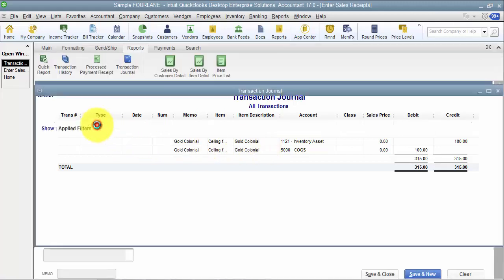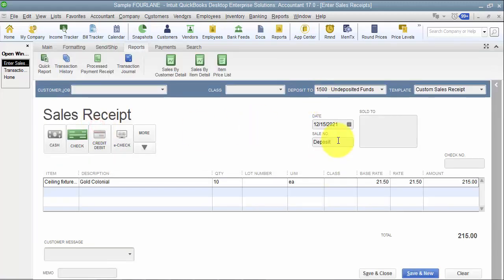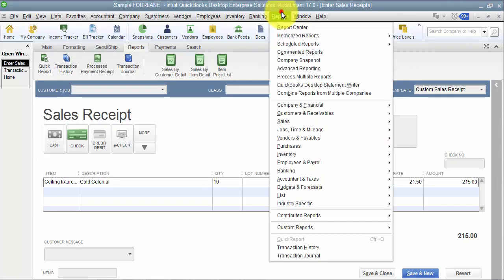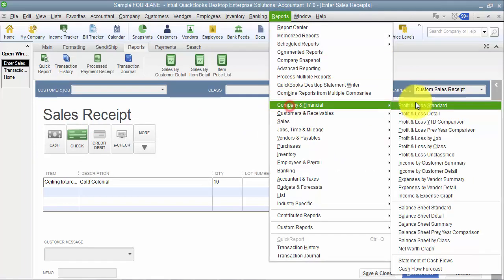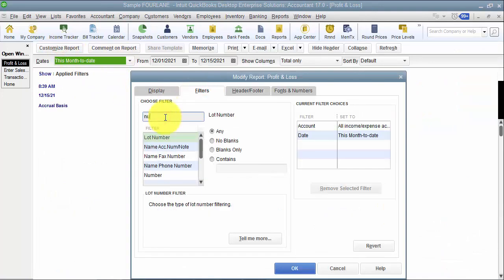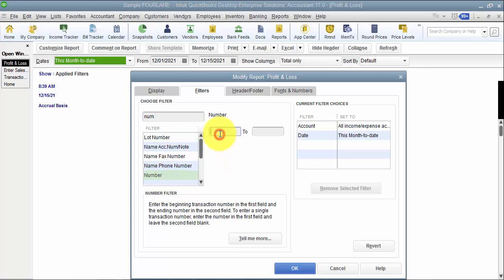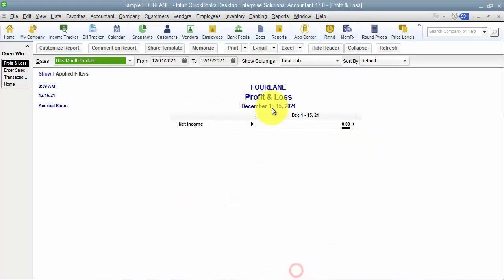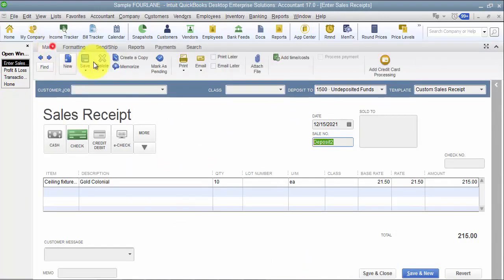And so we can look at that when I look at my sales number here. So I'm going to call it deposit 2. And then we're going to go into our profit and loss and filter it for number deposit 2. Nothing yet because I haven't saved it. Let's save it.